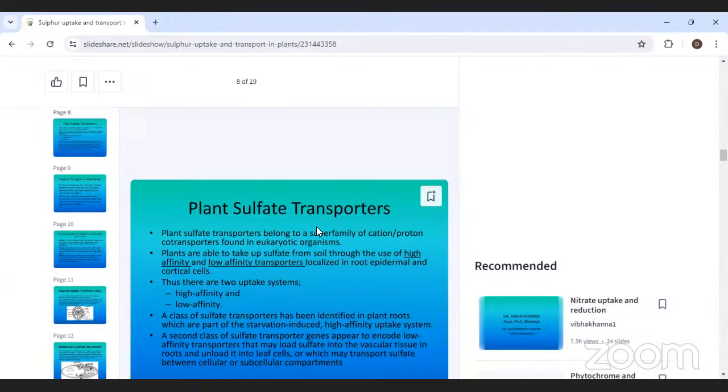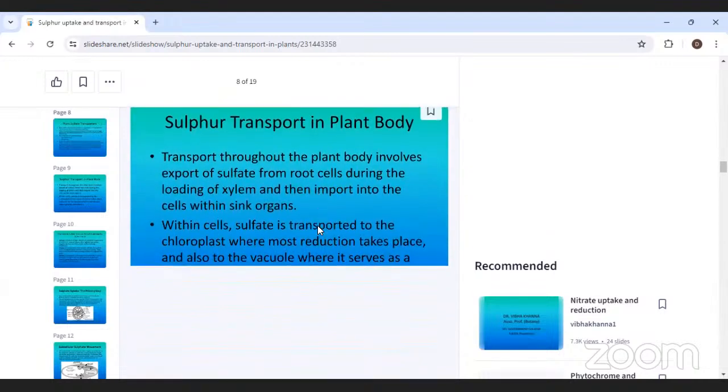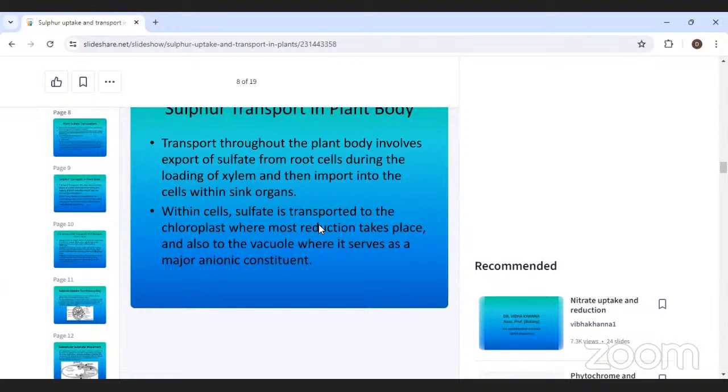Low affinity types mediate transport within the plant. Sulfur reduction involves activation, reduction of sulfate to sulfide, and incorporation of sulfide into cysteine.